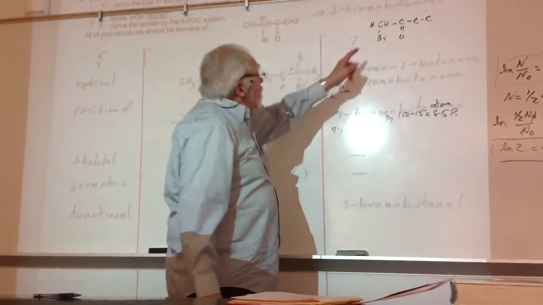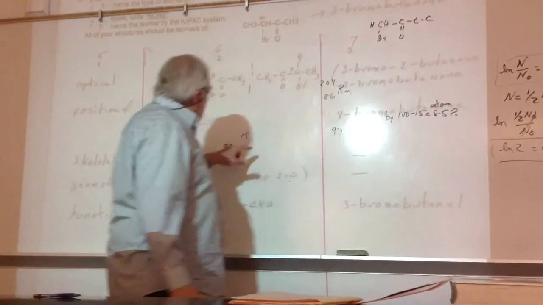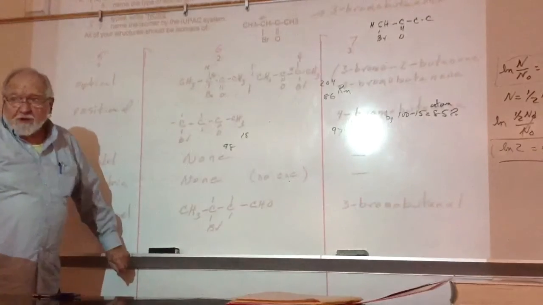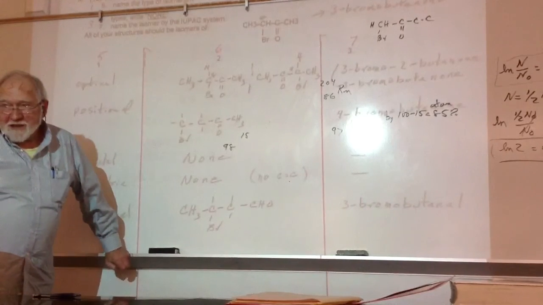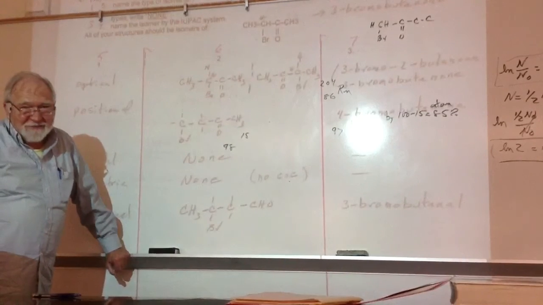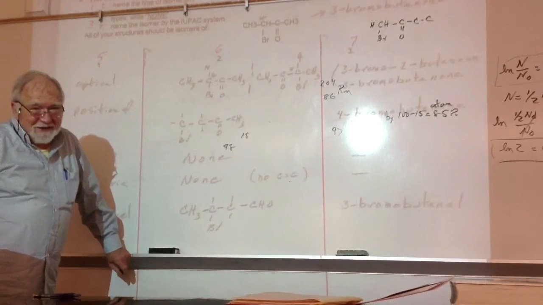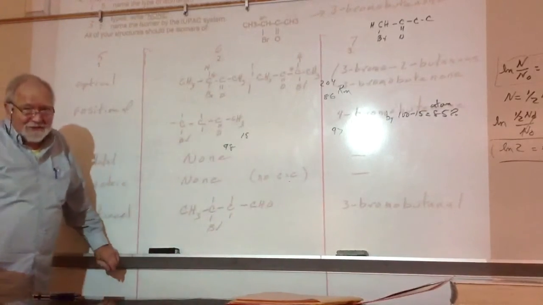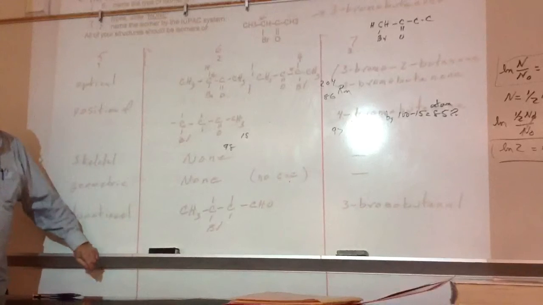It's a 1-bromo, but it's still butanone, so you didn't make a change in the skeleton. It's still a 4-carbon chain for the longest carbon chain. So there's no skeletal isomer possible, unless you want to change this functional group, but I said I just wanted isomers of that particular molecule.